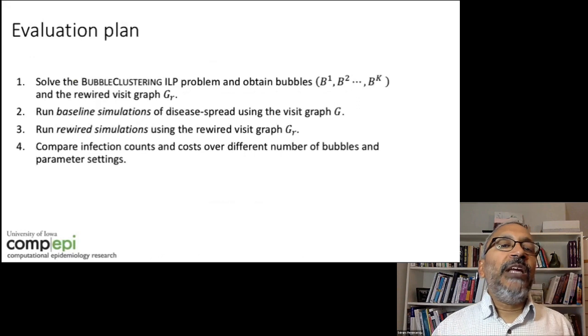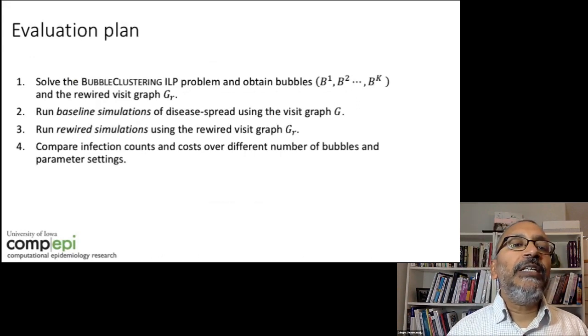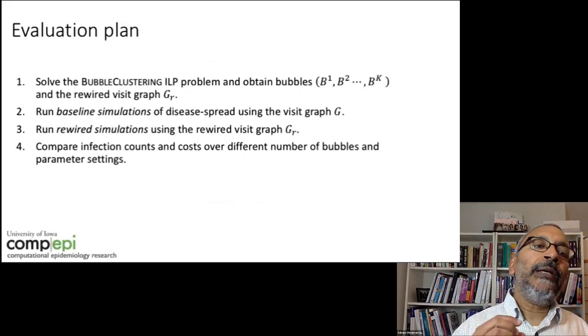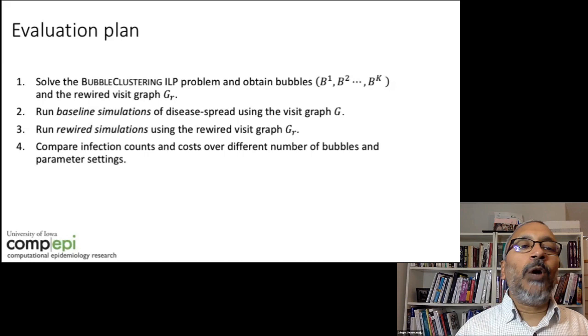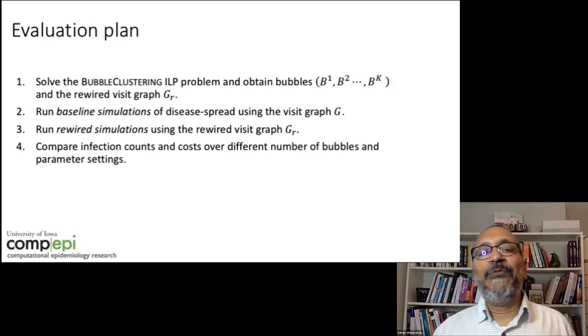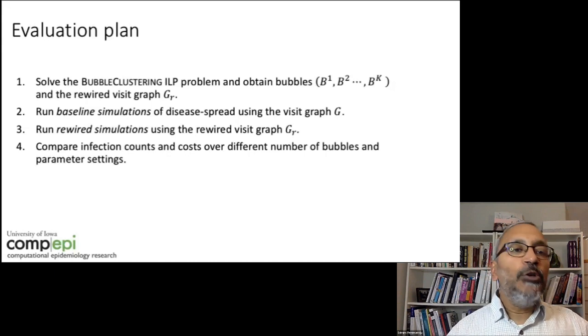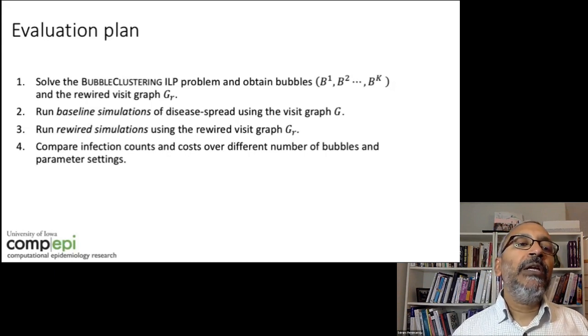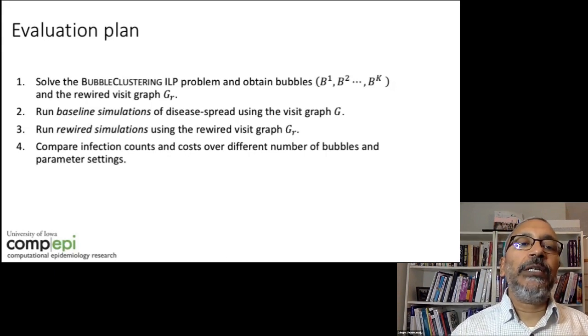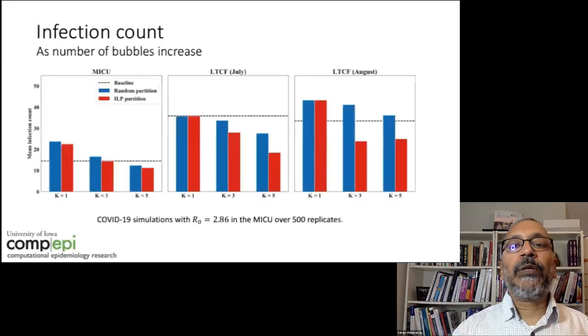And the way we evaluate these solutions is we run baseline simulations of disease spread on the visit graph, but then we also run what we call rewired simulations by rewiring the visit graph using the solutions that we get from our ILP. And then we compare infection counts and costs as well.